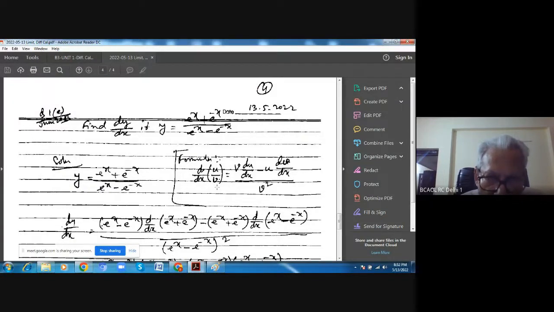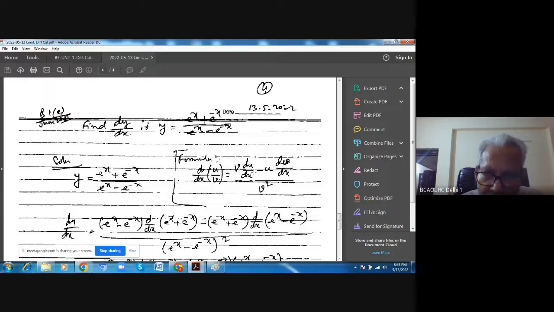The denominator function v remains the same. We will not do anything, simply write v. For u we take the derivative, so d by dx of u, or you can write du by dx, same thing, minus.